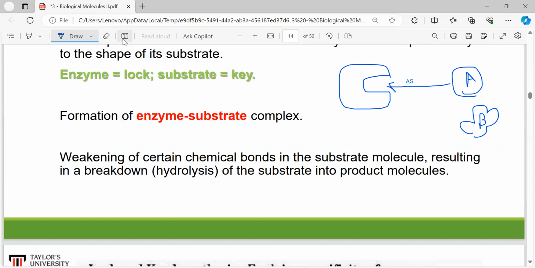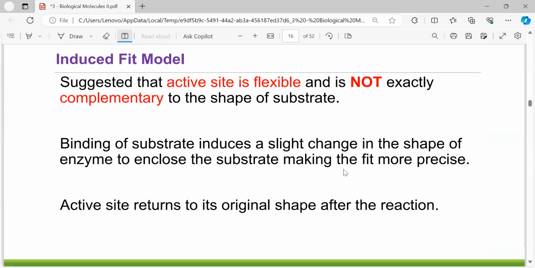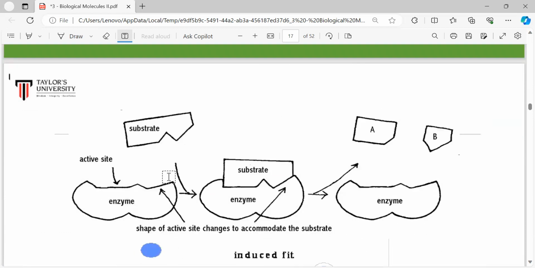Another thing that I would like you to know is when the active site of the enzyme and substrate are attached to each other, connected to each other, it is only a loose formation. The attachment is loose for the lock and key mechanism. But for induced fit mechanism, the attachment is quite strong. So just now you said that in the induced fit model, the active site doesn't really have a shape for the substrate.